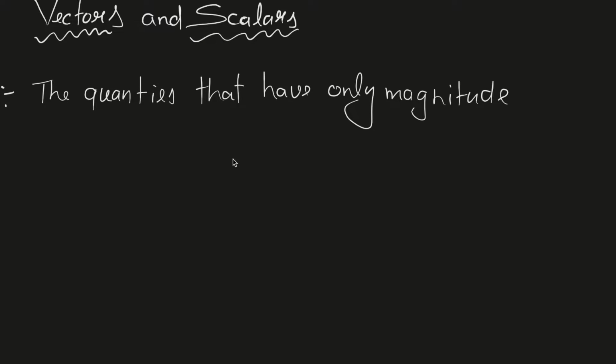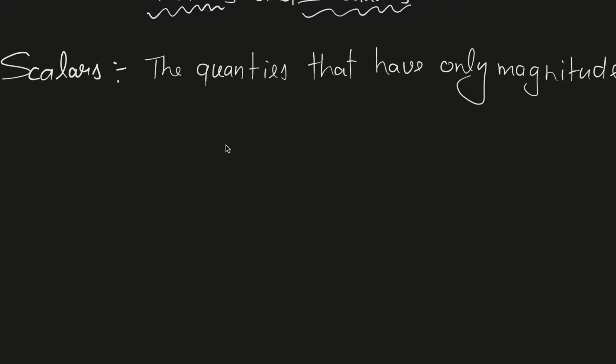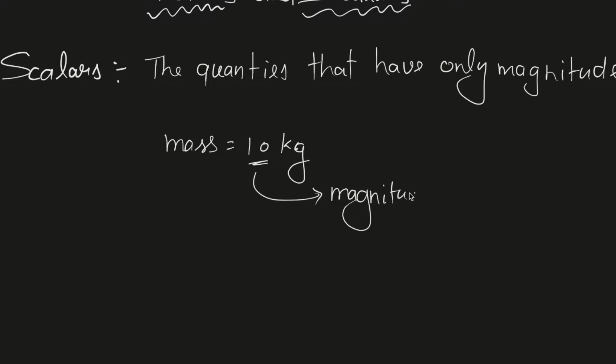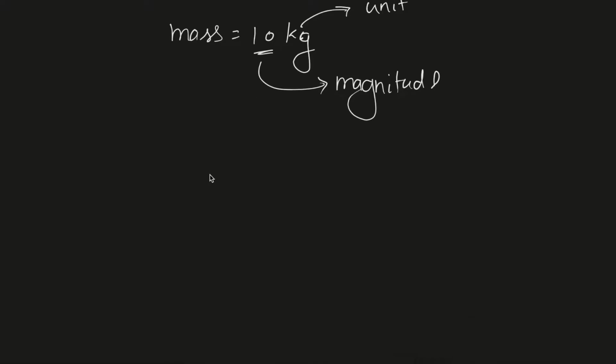Simply, these are known as scalar quantities. For example, the mass. You can simply say that the mass of a body is, let's suppose, 10 kg. This is known as the magnitude, and this is nothing but the unit. Probably we all know about that.